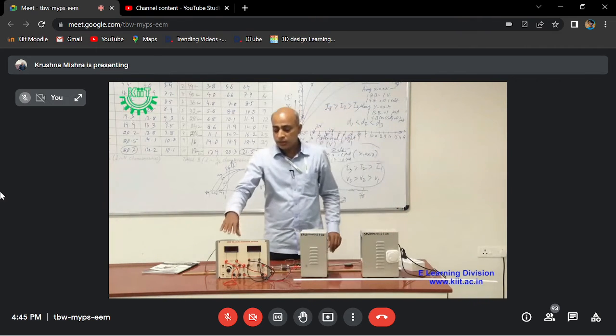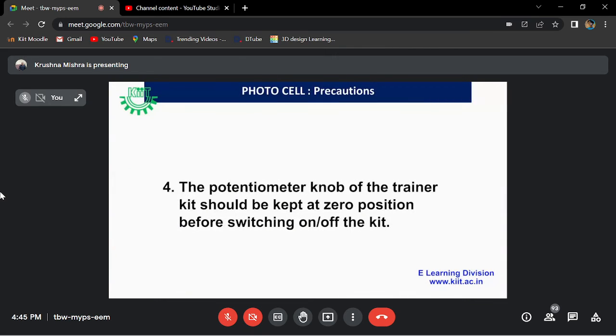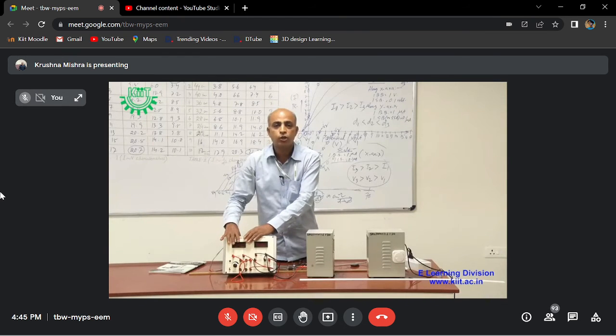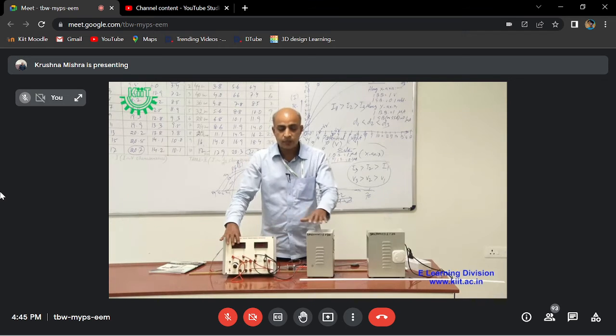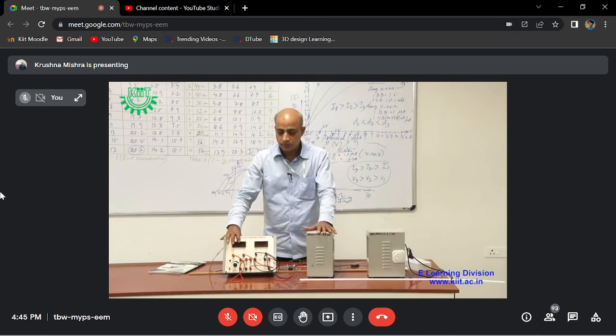Number four, this trainer kit has a potentiometer or potential divider in the setup, and we always keep it at the 0 position before we switch on or switch off. Otherwise it will fluctuate both photocurrent and voltage, and after some time it may get damaged.